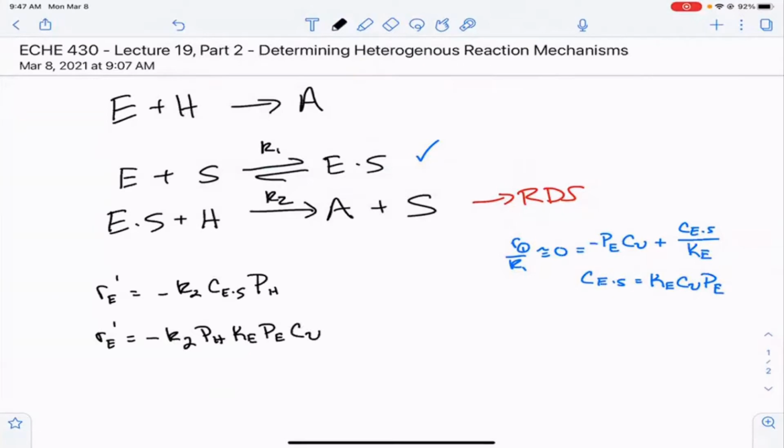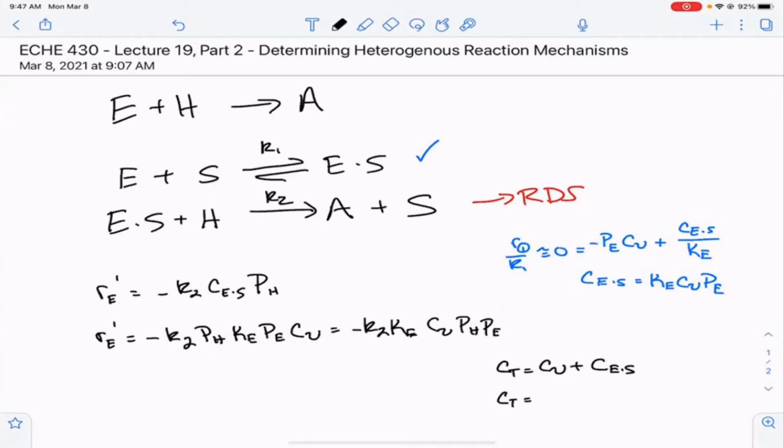I'm going to clean this up a little bit and call that minus K2 times KE times CV times PH times PE. I didn't really make any substitutions there, I just moved the pressure terms so they were together. And now we can find CV. We know that the total number of sites is equal to the number of vacant sites plus the number of sites that are occupied by ethylene.